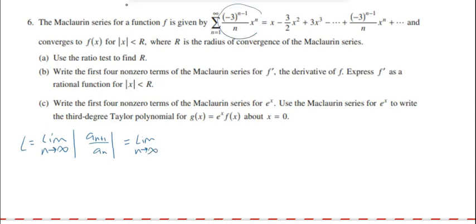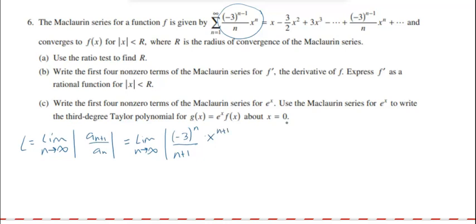Now I'm using this right here, absolute value. So we've got negative 3. What I want you to see is I'm just going to write to the n. Look, negative 3 to the n minus 1. If I change n to n plus 1, then the plus 1 and the minus 1 will cancel each other out. So we just get n over n plus 1 times x to the n plus 1.